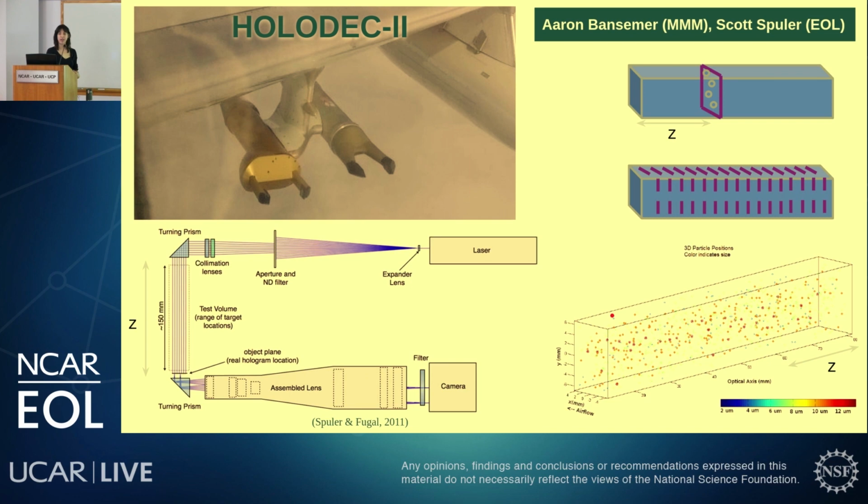This is the holodeck probe, this probe here, and it has a laser beam that exits one arm of the probe and is collected on the other side and recorded by a camera. And you'll notice that there's no focusing of the beam down to a focal point, because since it's taking a hologram, there is no focal plane.